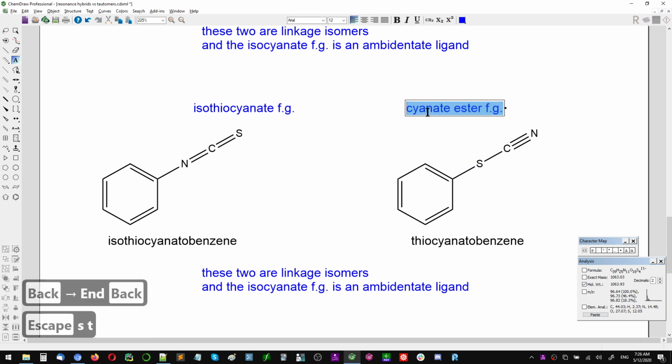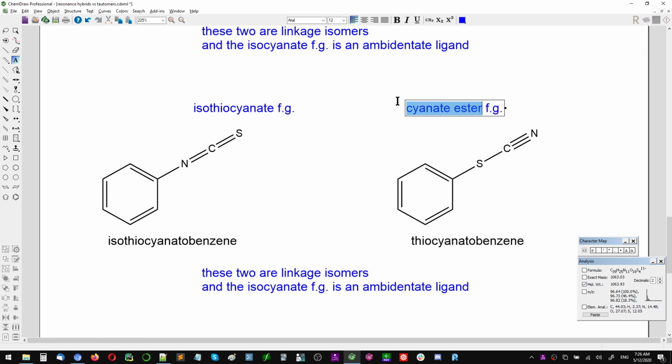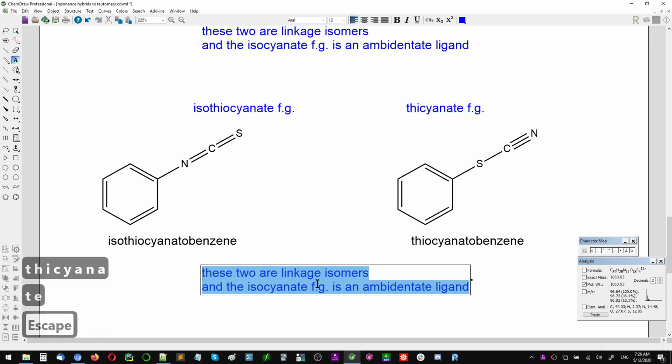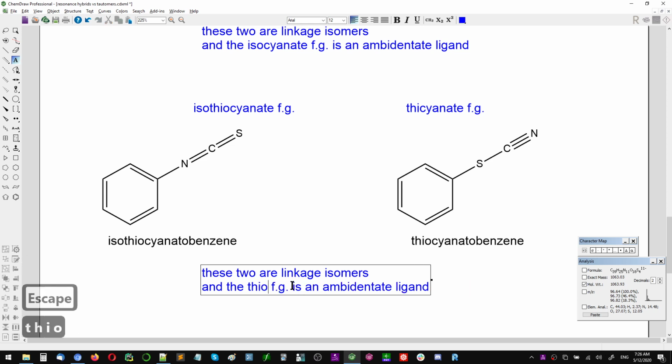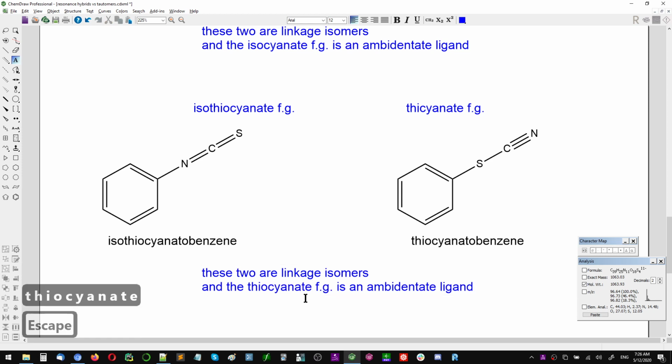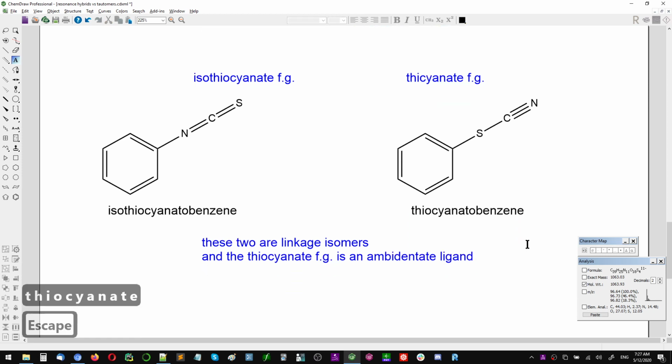And this would be thiocyanate functional group. And in this case, the thiocyanate functional group is an ambidentate ligand.